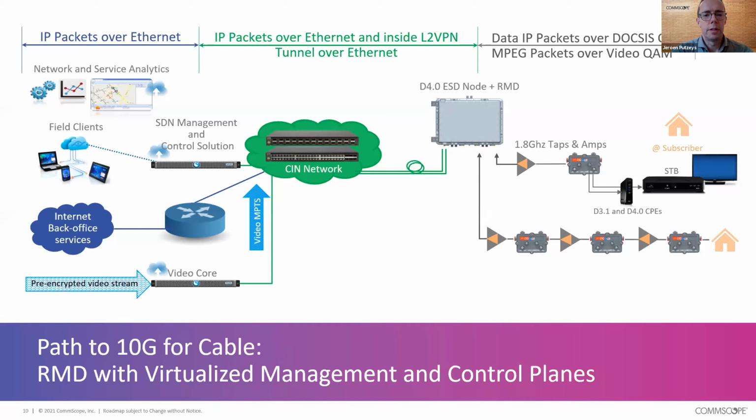And then at the edge of the network, we have our DOCSIS 4.0 ESD node with an RMD device. The devices in the HFC or RF network plant illustrate 1.8 gigahertz capabilities in terms of the RF amps, taps and amplifiers.